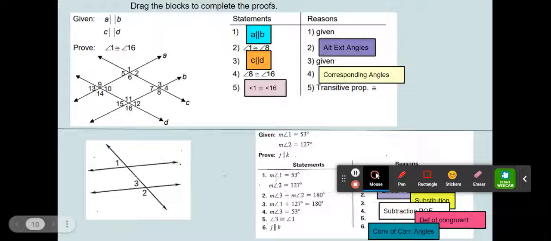Slide 10, you had to complete the statements. So remember, we always start with given information. So A is parallel to B. That is given. The second part there is another given then.